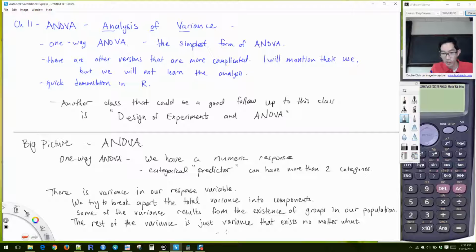It could also be thought of as within group variance, or residual variance.